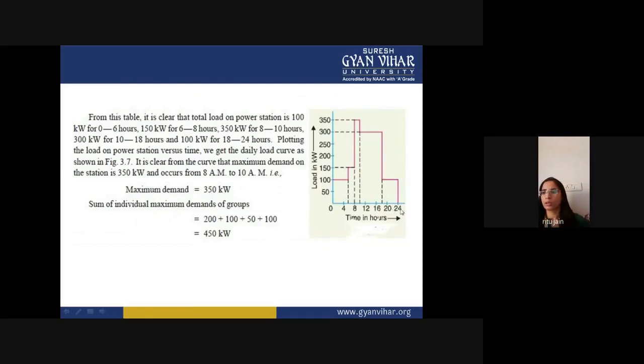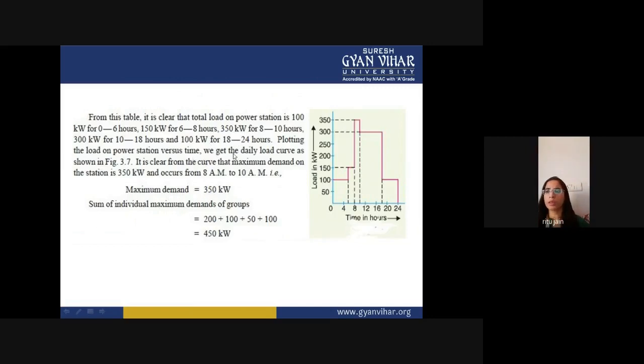So this is your 100 kilowatt. Okay. So for 18 to 24 hours, it is required 100 kilowatt. Now, plotting the load on power station versus time.